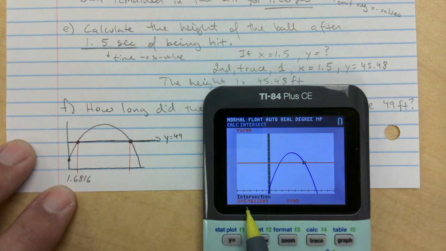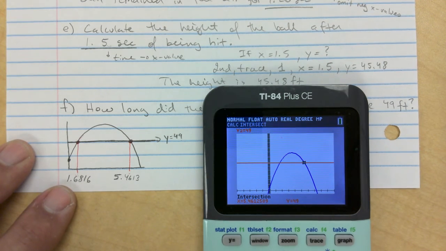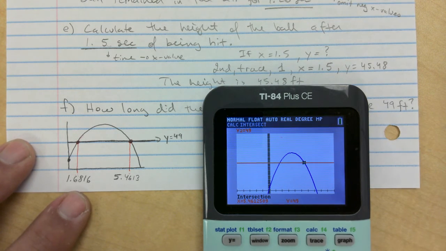That is 5.4613. I'm rounding to 4 decimals, and I will explain that in a bit. If you want full marks in grade 12, that's what you need to do. Some teachers will actually ask you to use all decimals, but if you use 4, you're safe. Okay?